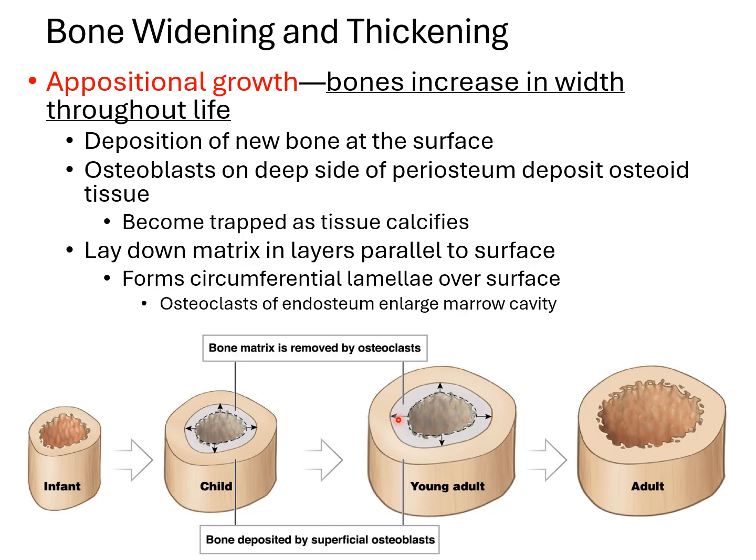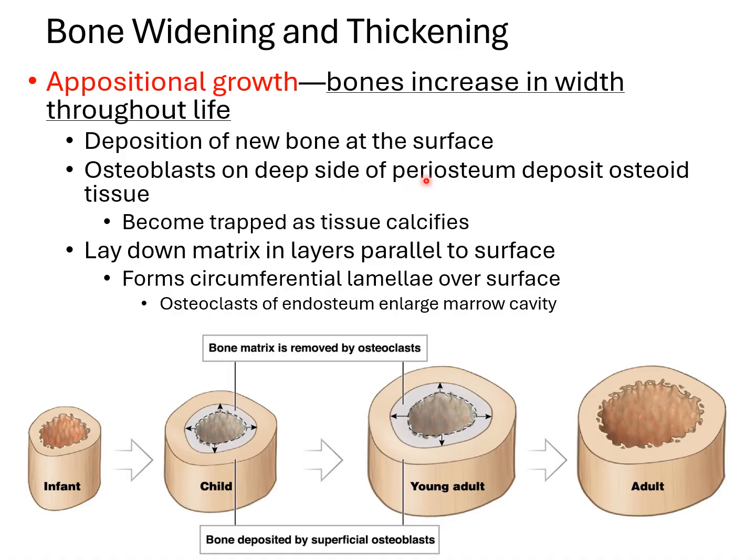If you're playing football, or soccer, or you're a runner, swimmer, or a weightlifter, all your bones are going to be different depending on what activity or what stresses you put on them. So what happens here in appositional growth, deposition of new bone is going to be at the surface.